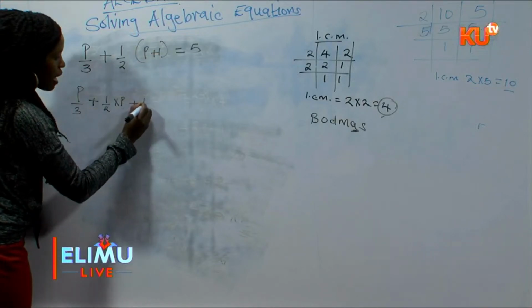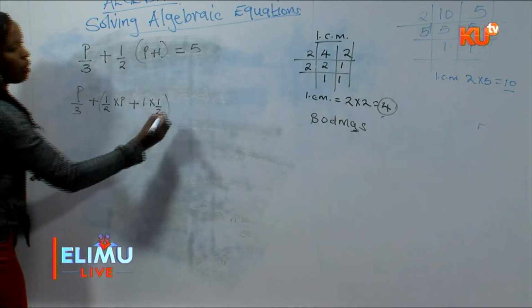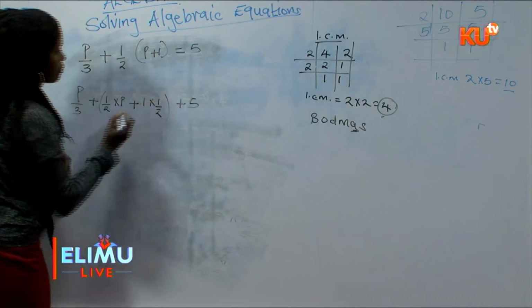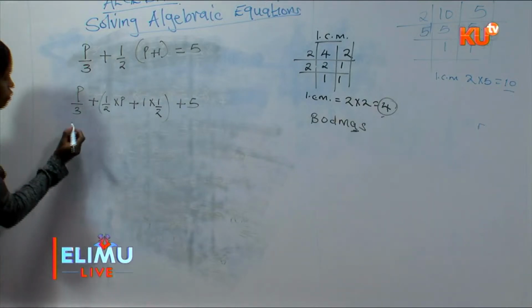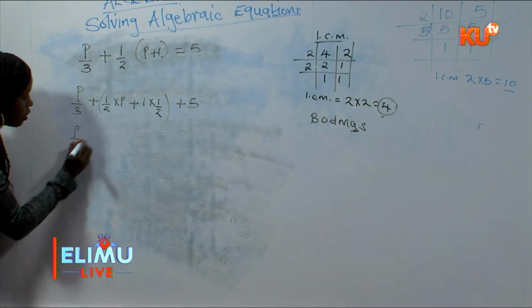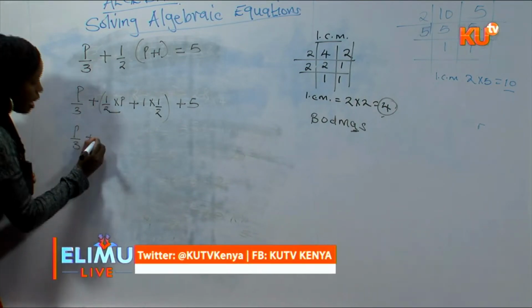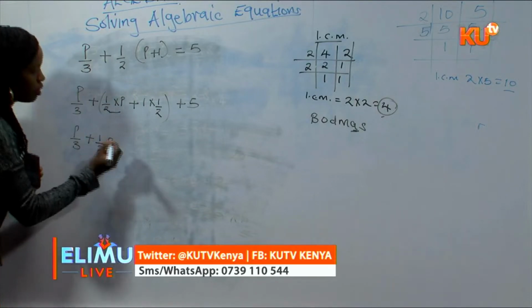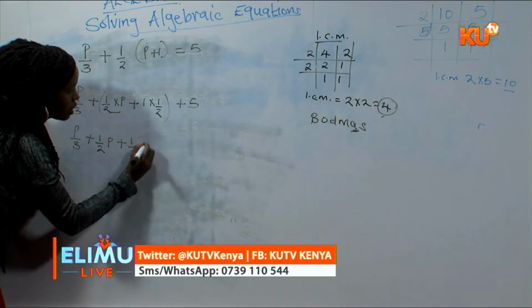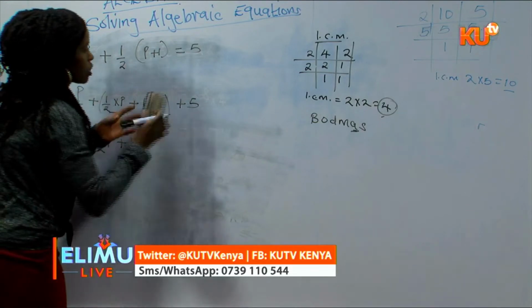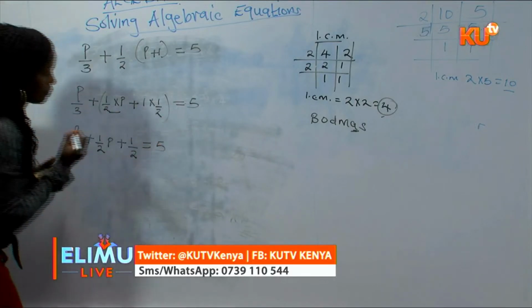P times a half, 1 times a half. Like that, equal to 5. So we have P over 3 plus a half times P, we get a half P, plus 1 times a half, we get a half. So this is equal to 5.